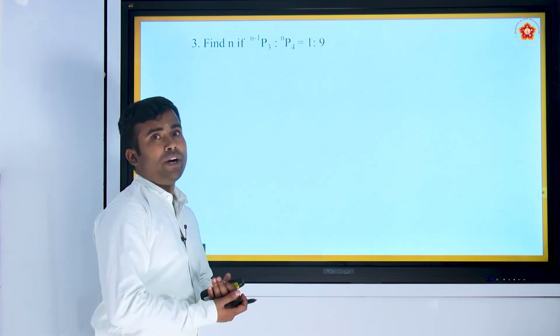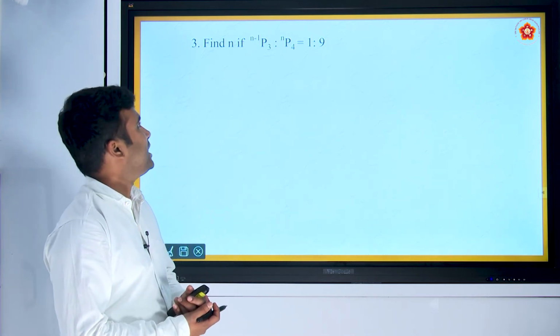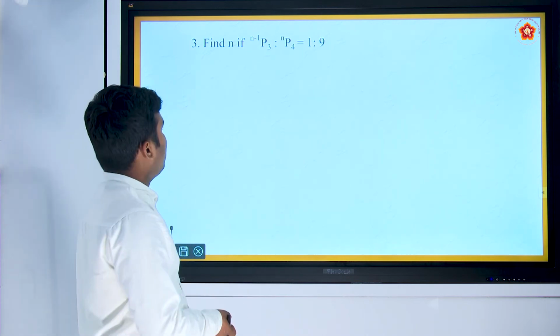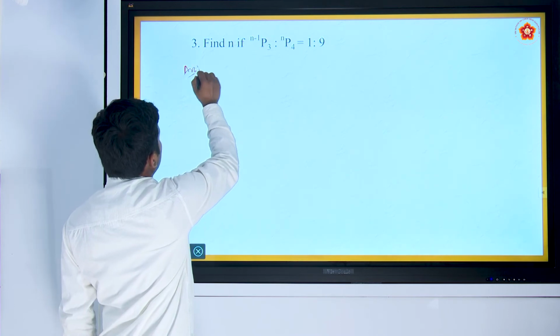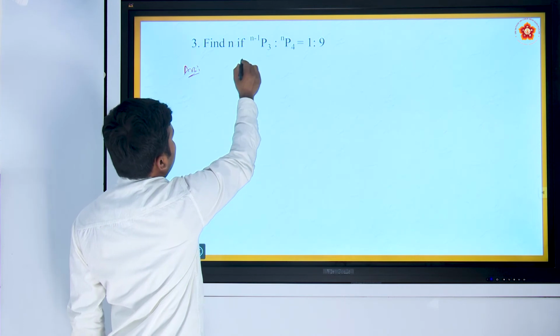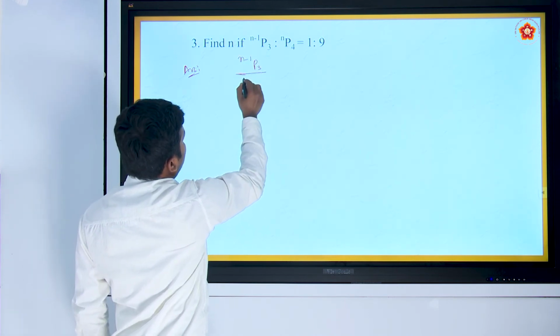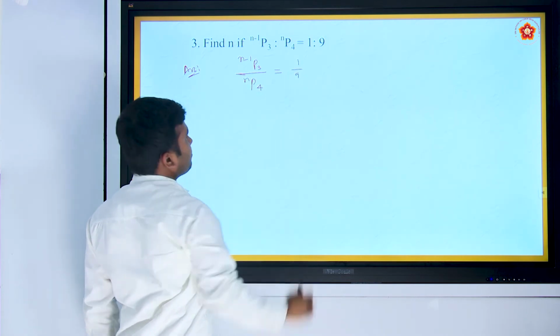Next, find the value of n if (n minus 1)P3 : nP4 is equal to 1:9. The same way, this can be written as (n minus 1)P3 divided by nP4, which is equal to 1/9.